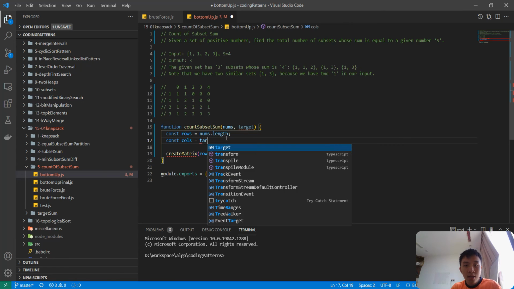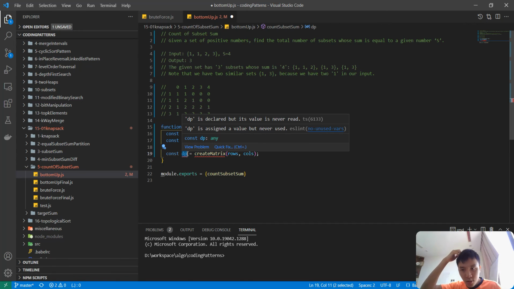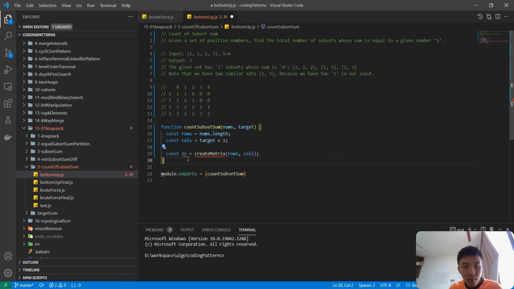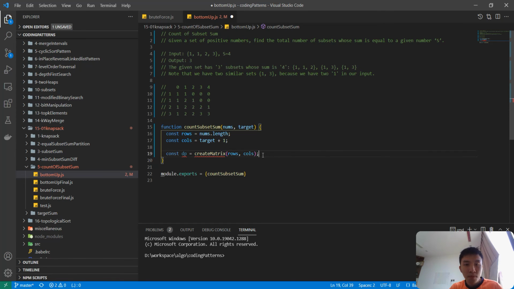So it will be target sum plus 1. createMatrix will return a 2-dimensional table. I call it dp, which stands for dynamic programming. So we want to make assumptions as I described earlier.